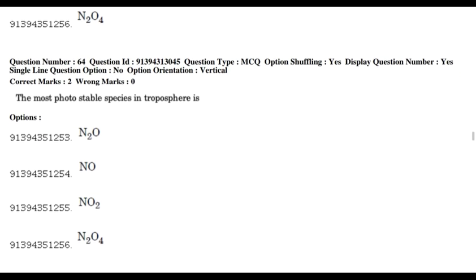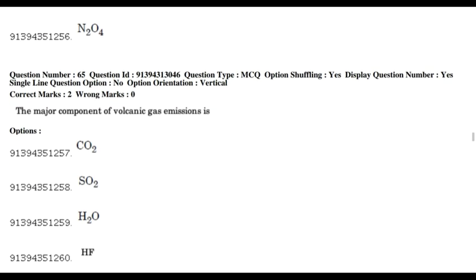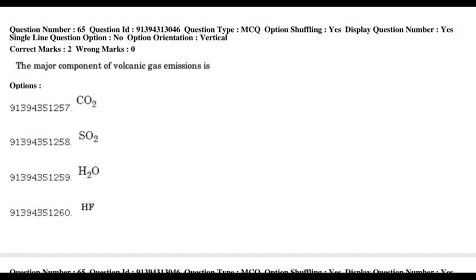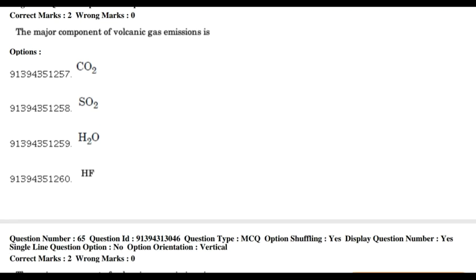Next, the major component of volcanic gas emission is water.